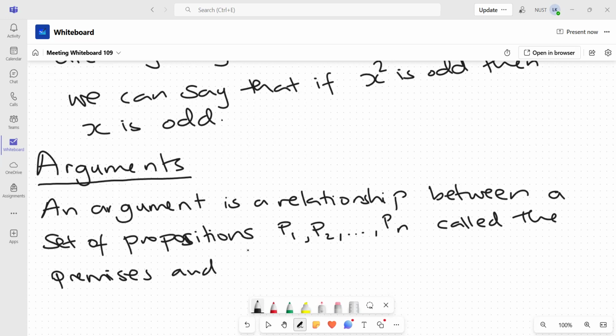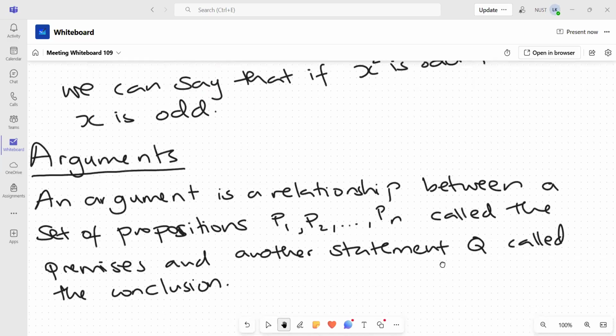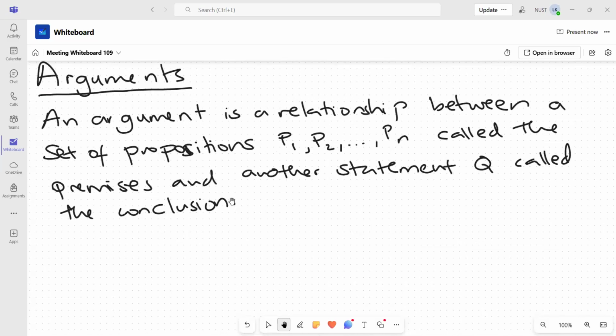And another statement, the conclusion. Okay, so instead of just having one, of course you can have one, but it may be more than one premises.